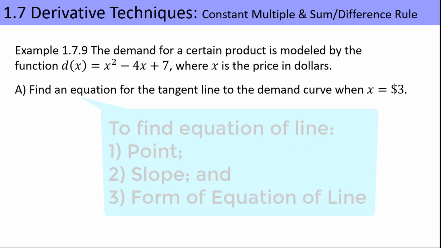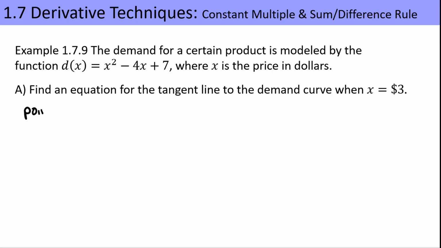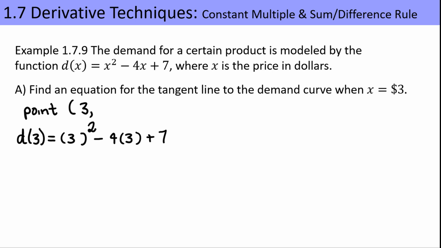So let's begin by first finding the point. The point is an ordered pair, and we are given the x value already as 3. To find the corresponding function value, we evaluate the 3 in the function. That is, d of 3 is equal to, where the x was, we write blank squared and put in 3, minus 4, open parentheses for the x and replace it with 3, plus 7.